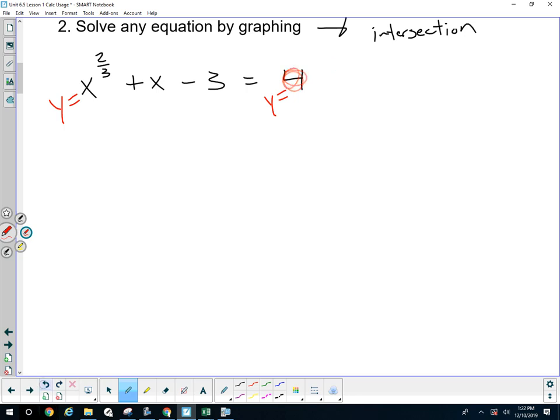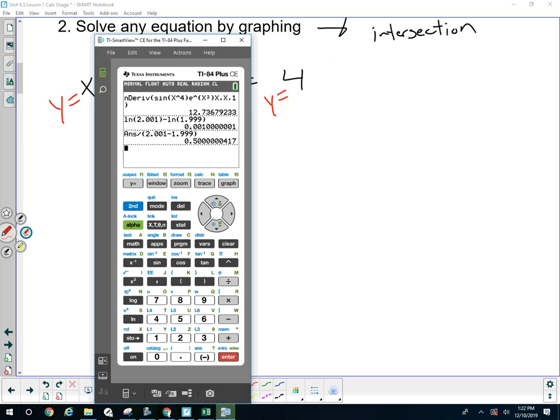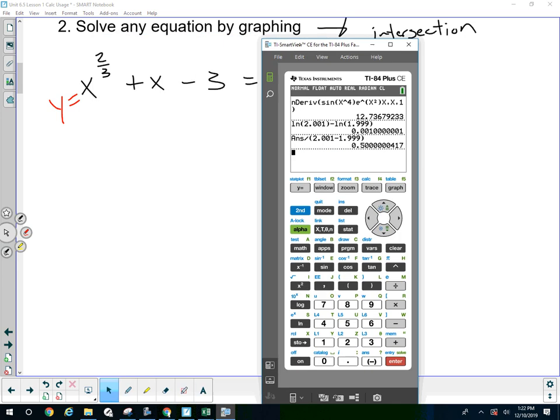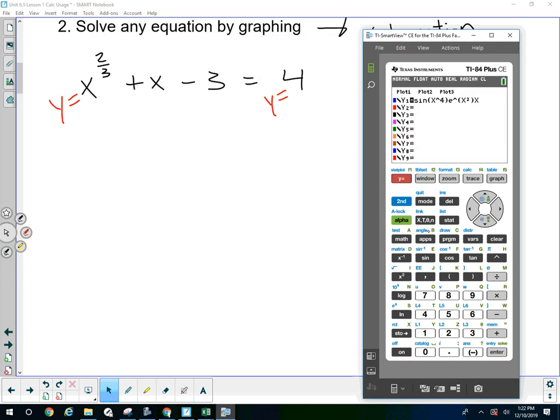So let's go ahead and find the solution to this equation. Y equals x to the 2/3. Make sure if you're typing 2/3 into a power, use parentheses, if you have an older calculator, plus x minus 3, y equals 4.